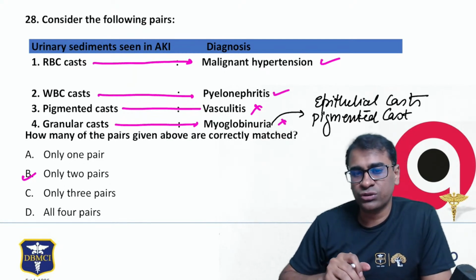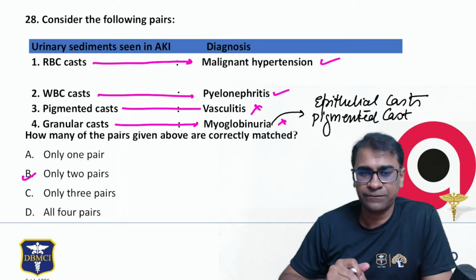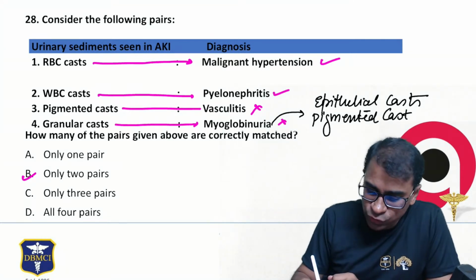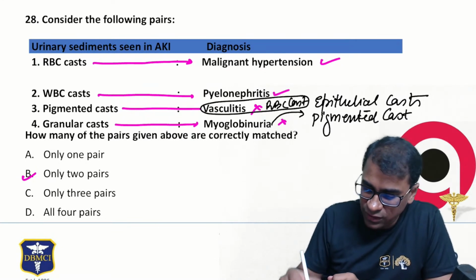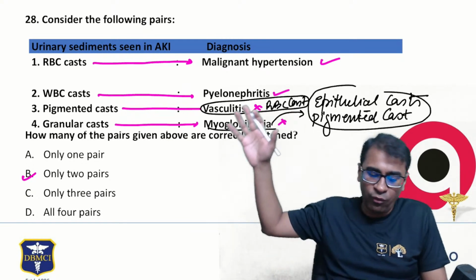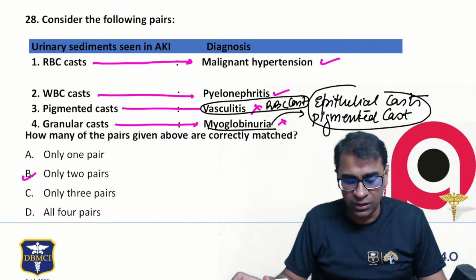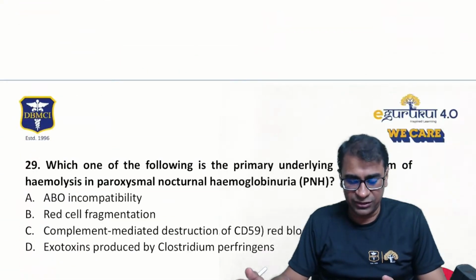Vasculitis can show you RBC casts. These two casts can be seen in myoglobinuria. So 1 and 2 are correctly matched, but I don't think 3 and 4 you might have marked. So the answer very clearly is only 2 pairs are correctly matched here.